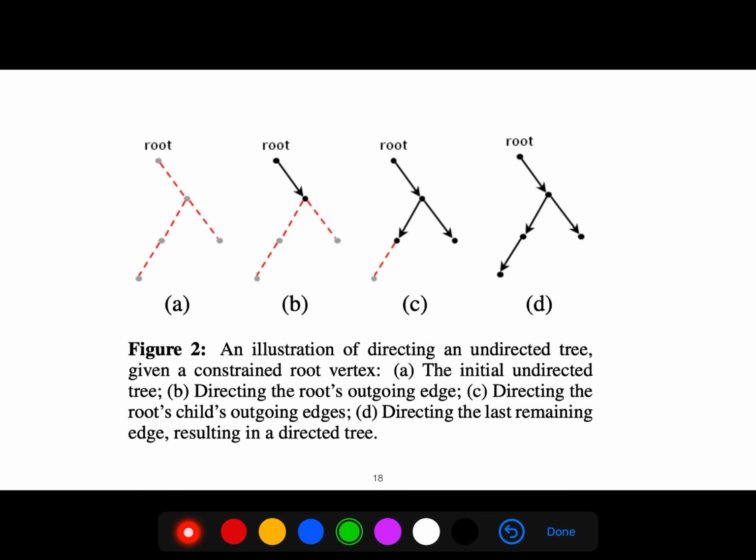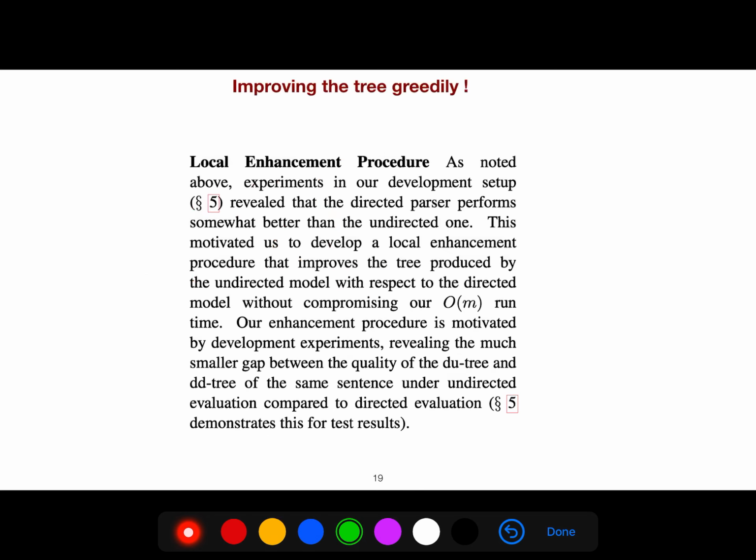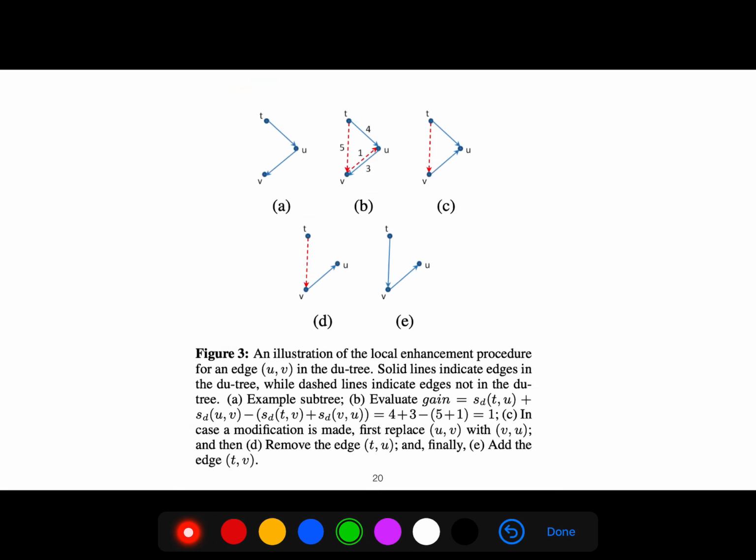So we are making an undirected graph into a directed graph in these steps. And the local enhancement: finally, we should improve the tree greedily. This motivated us to develop a local enhancement procedure that is explained in this paper. This is the local enhancement procedure. We want to enhance the edges to create a better directed graph.